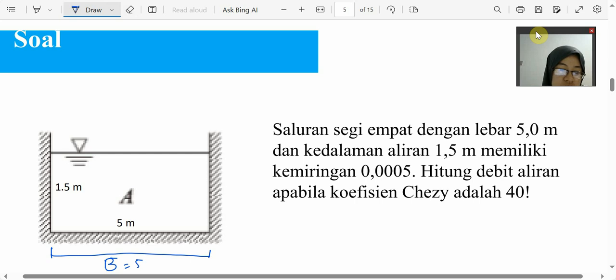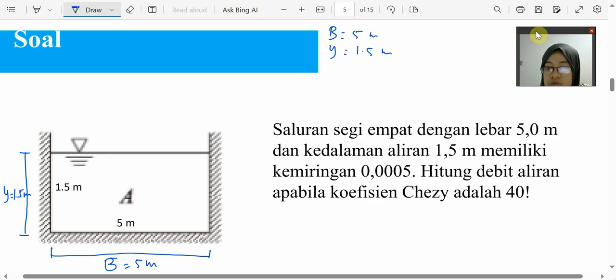B is equal to 5 meters. The flow depth in this channel is Y, which is 1.5 meters. So we know B is equal to 5 meters and Y is equal to 1.5 meters.